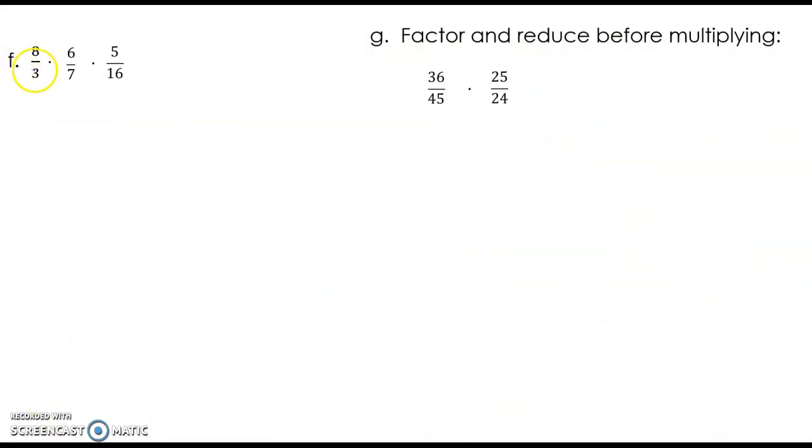Here's another one we can do the same thing to. So let's see. Let's choose 6 and 3. We're going to divide by 3 for both of them. That makes this 2, and that makes this 1. So let's write that out: 8 over 1 times 2 over 7 times 5 over 16. And change color to see if we can do this again. What about 2 and 16?